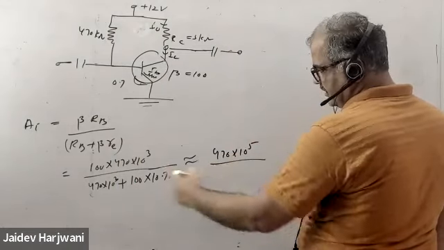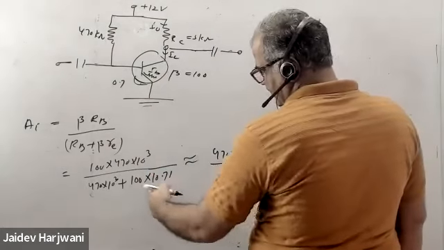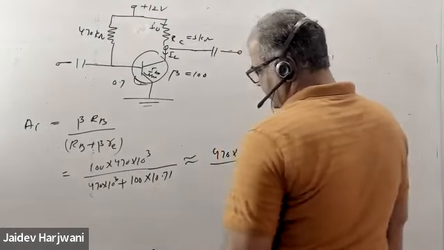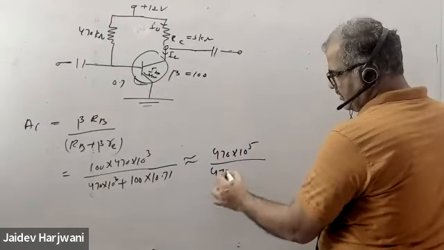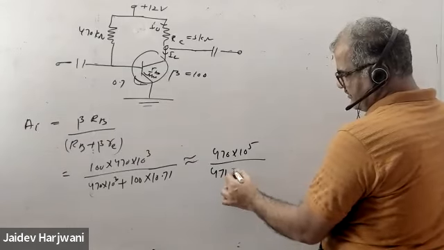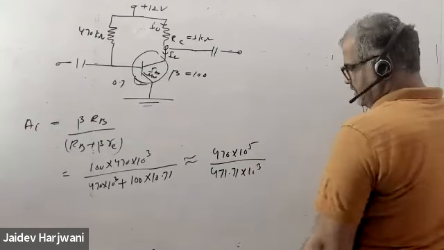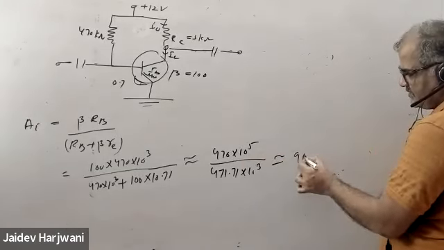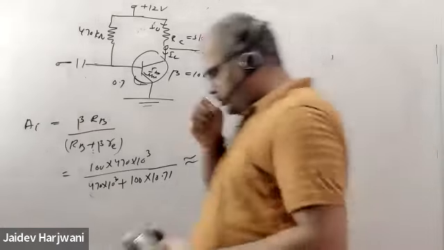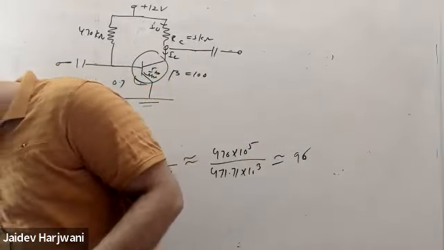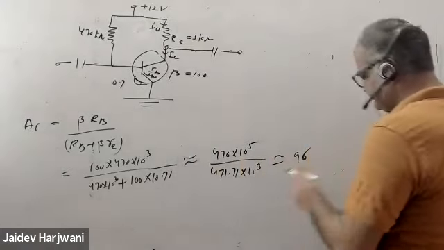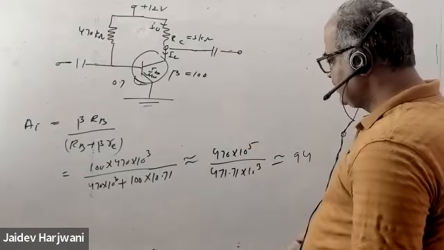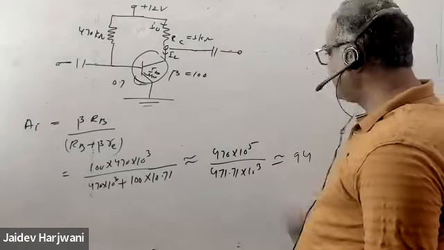And then here you have 470. So this will become 1000, 471.71 into 10 raised to power 3. So I have the answer 99. You can check what is coming. Okay, good. So almost 100 will come.